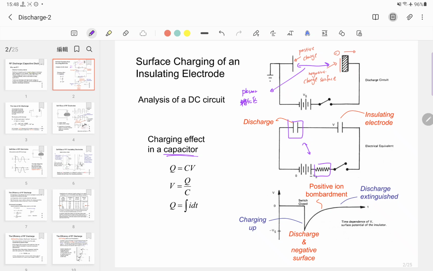So you cannot generate a continuous plasma by DC discharge if one of the electrodes is connected with a piece of insulating material. So in order to maintain a continuous discharge, one needs to charge up the surface in a very short time, so that the surface will become negatively charged again.